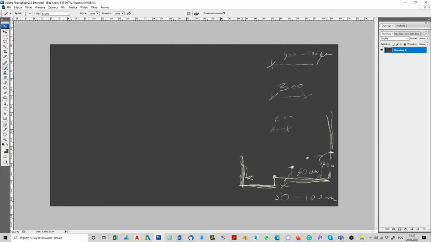The head of the viewer is always at a height of 1.20 m, or 120 centimeters, because it's always a sitting position.